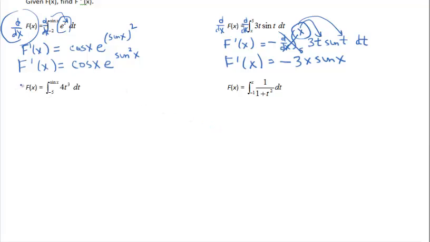Two more examples. Same objective: derivative operator, correct notation. Two inverse operations, limits look like they're in good shape. They're going to undo each other. Derivative of the limit times the integrand's variable replaced with the variable limit.